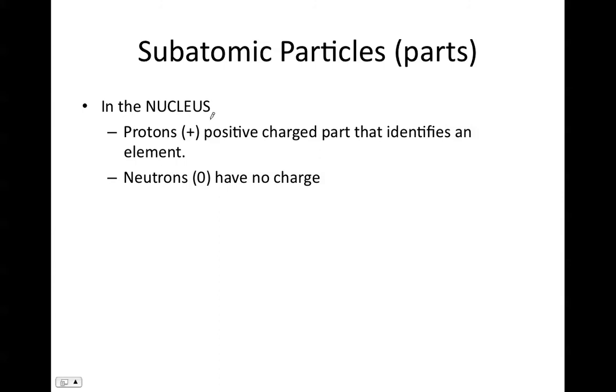So the nucleus overall, the center of the atom, has an overall positive charge. If they asked what is the overall charge of the nucleus, you'd say positive, because protons have a positive charge and neutrons don't have any charge, so it doesn't affect the electrical charge of the nucleus.